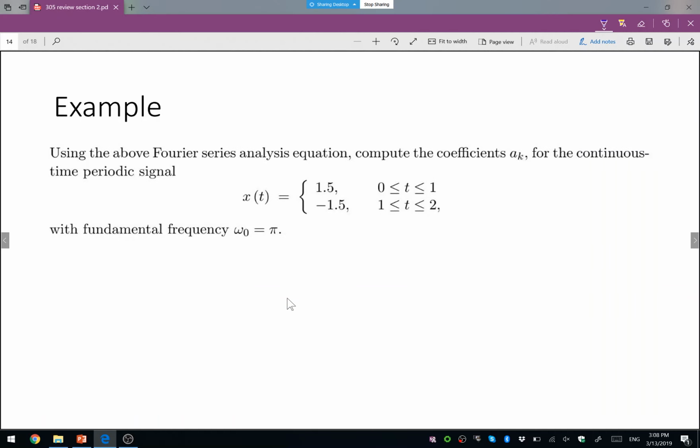Okay, so the example, this is actually a homework problem. The problem gives us a signal. It's piecewise. We don't need to draw that, because as long as we know that it's piecewise, we are fine using the definition.